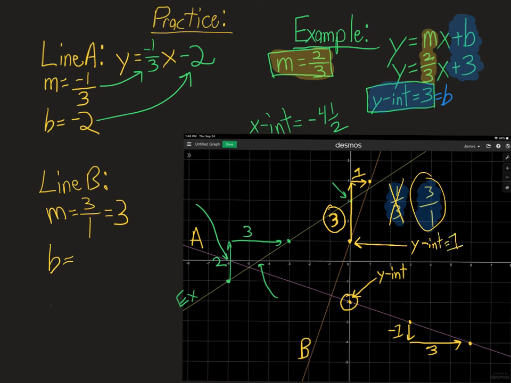That's where it crosses the y-axis. So there we go. So now my equation, y equals, and again, just plug in. There's my slope of 3, and there's my intercept of plus. Now see, it's positive 1, so we need the plus. It's plus 1 because it's above. Minus 2 on line A because it was below, so use the sign to make your intercept.